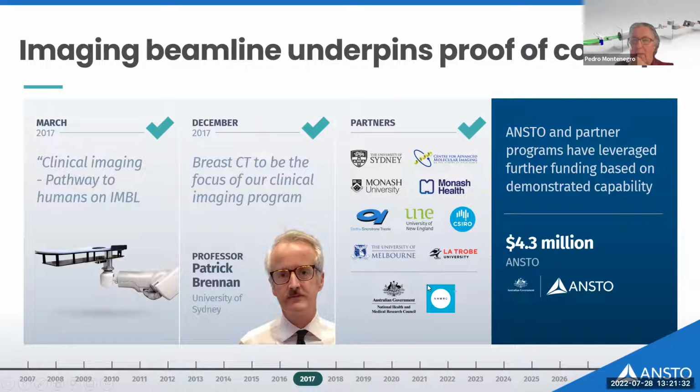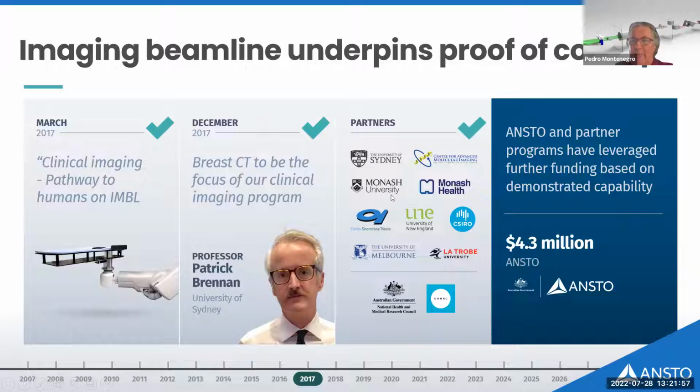So if I can just say a couple of things about the key partners in there, well, everybody is a key partner, but certainly on the imaging side, I would say CSIRO on the processing of all the images. Monash Health is key to support so far, having supplied the tissues for the mastectomy development work.